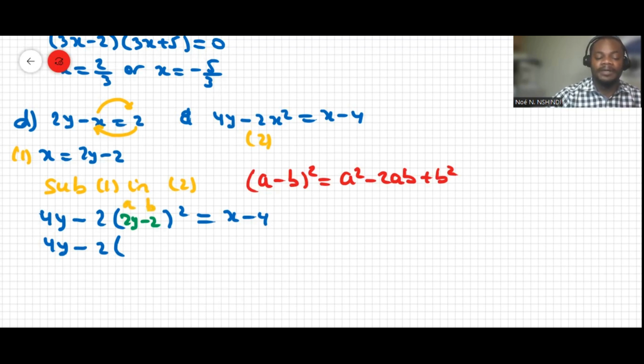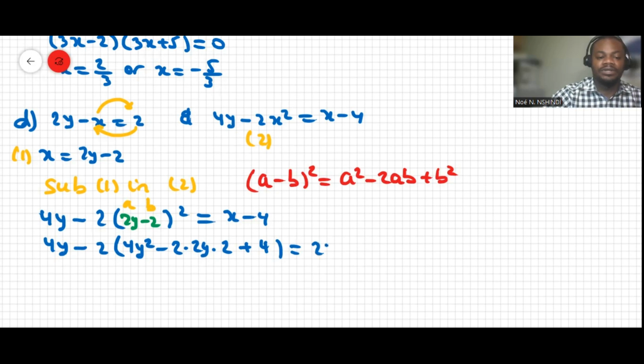So this will be 4y squared, because a is a squared, minus 2ab, so 2 times 2y times b, which is 2, plus b squared, 4, equal to what?